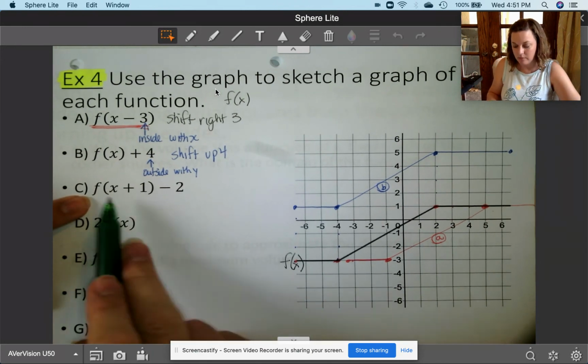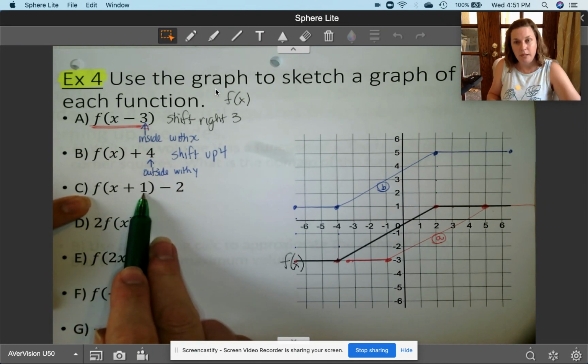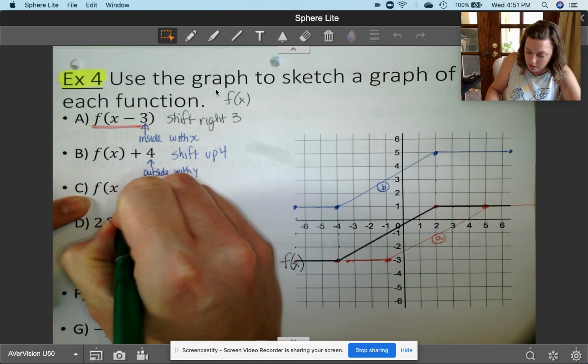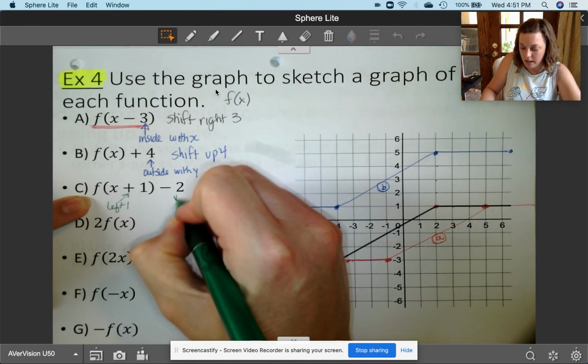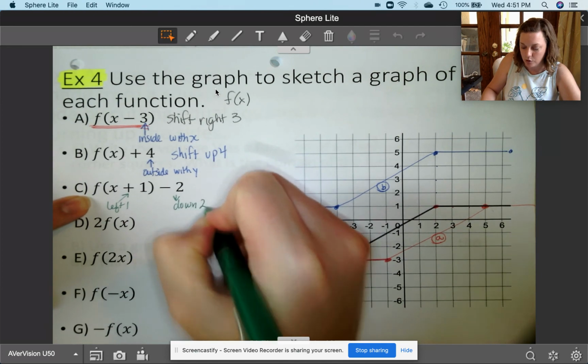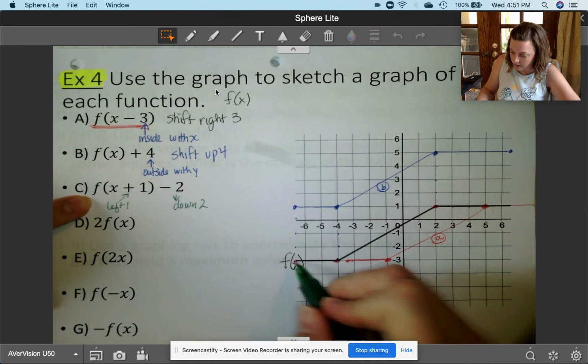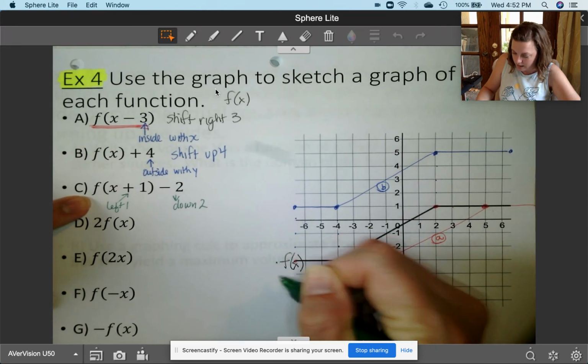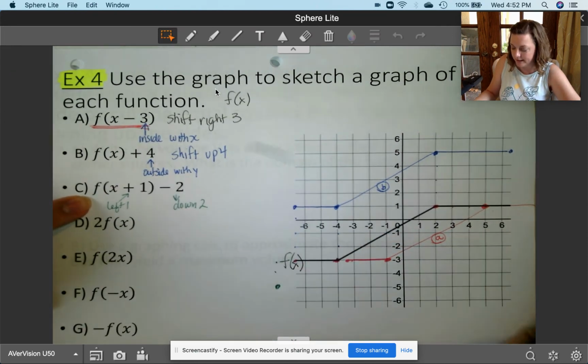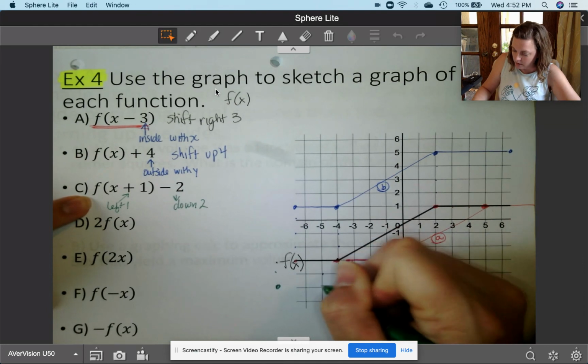All right. Two things are happening. This shifts left 1. The minus 2 on the outside shifts down 2. So again, I'm going to go to my four corner points and say go left 1, and then go down 2. I'm about right there. Left 1, down 2.